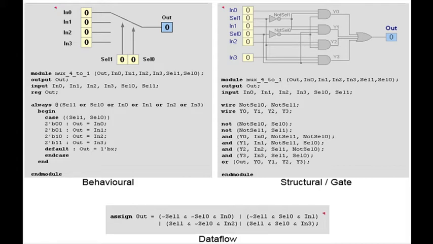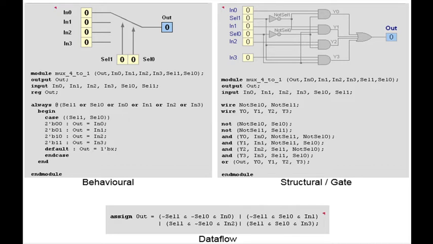So in the first case, in the main function part of the Verilog program, we can use a case kind of structure of Verilog in which we can describe the behavior of the mux. If the selection line is 0 0, then output is equal to the first input and so on. We can alternatively also use other structures like if else.